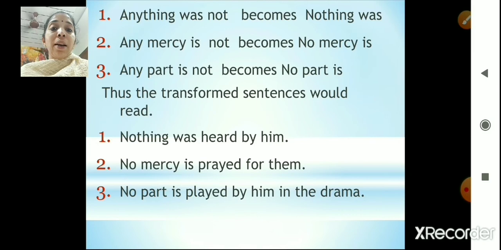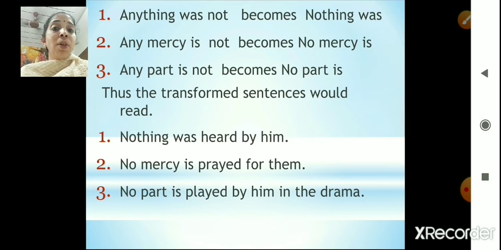Okay. In these examples, like the first one, anything was not. So this part, anything was not, becomes nothing was. In the second sentence, any mercy is not. So that will become no mercy is. And the third one, any part is not, will become no part is.